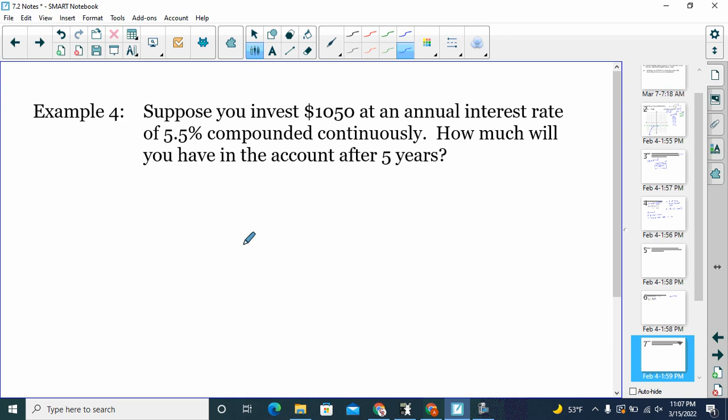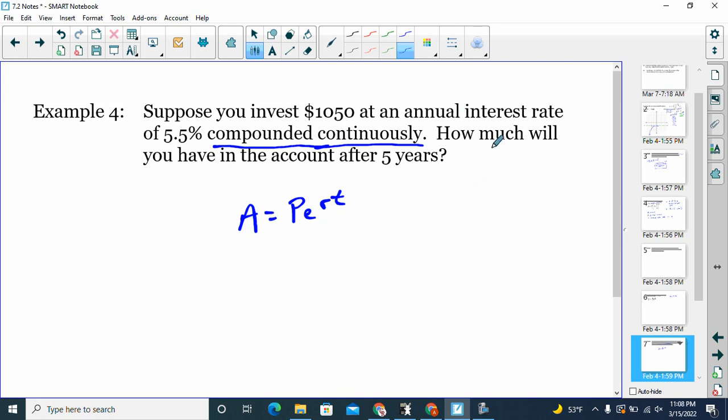All right, last example says you invest $1,050 at an annual interest rate of 5.5%, compounded continuously. When I see that phrase right there, compounded continuously, right away that tells me A equals P E to the RT is the formula I want to work with.